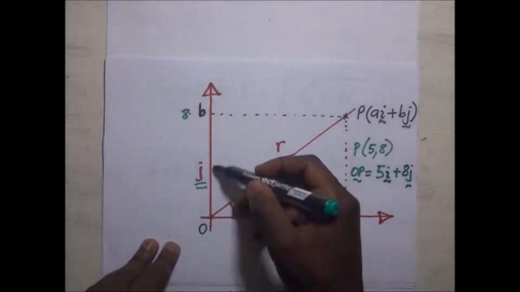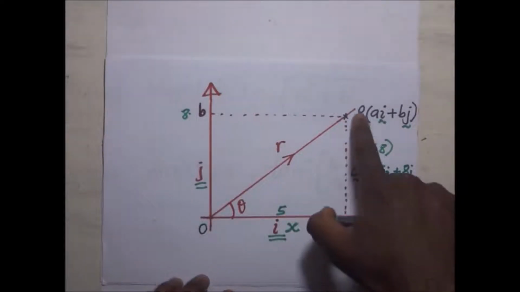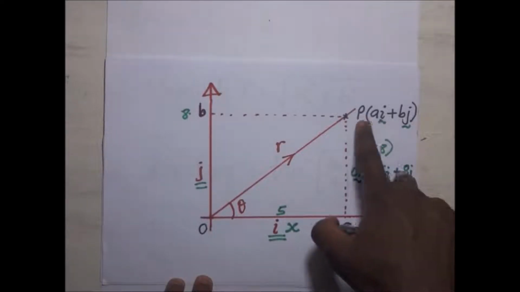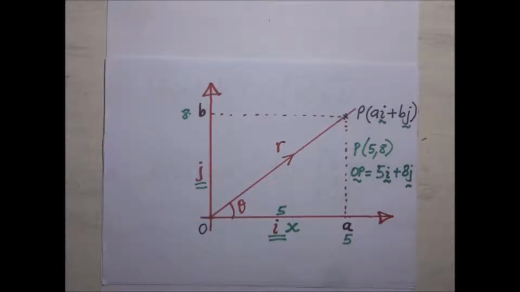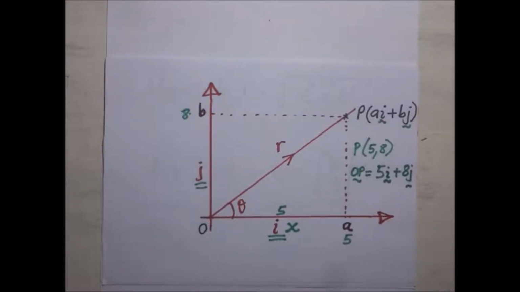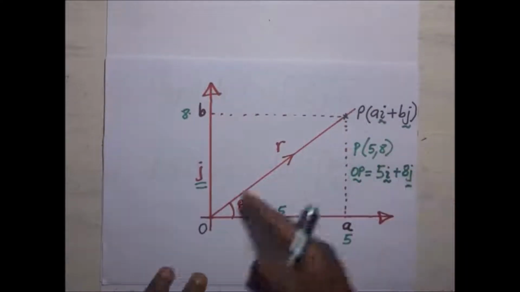The j direction in this case will be in the y direction, and so the position vector OP is 5i plus 8j, and that is how we generally express position vectors using the ij notation.